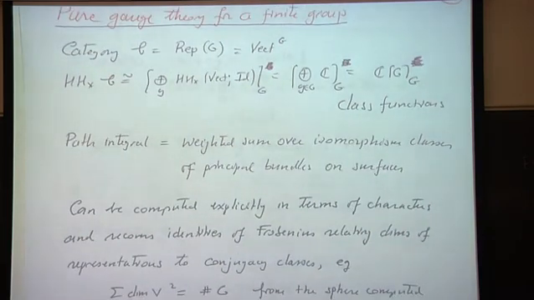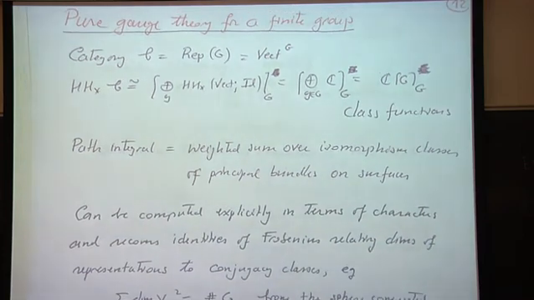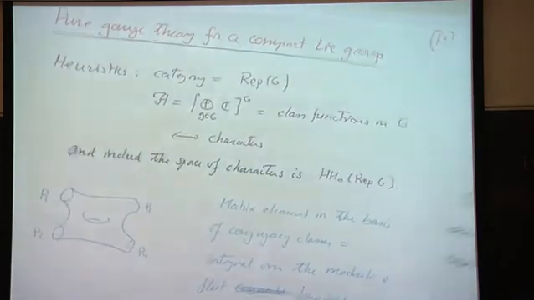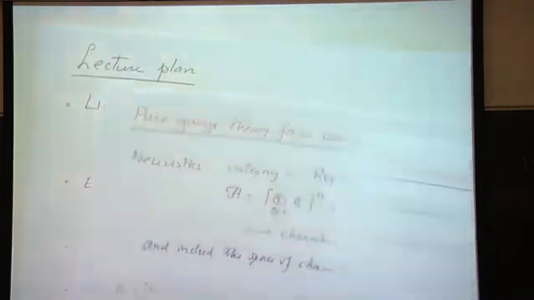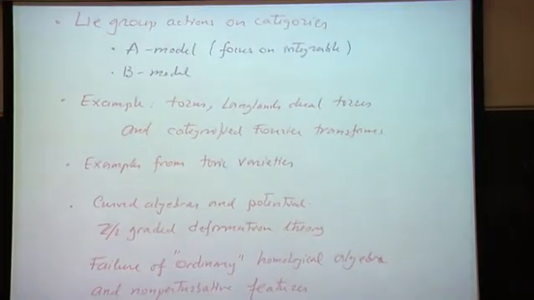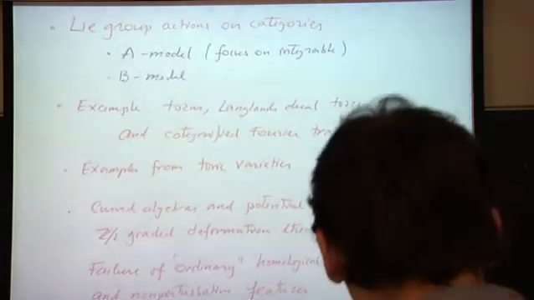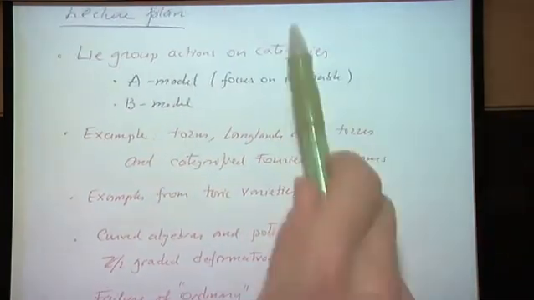All right, where are we here? How are we doing? Well, maybe since I only have a couple of minutes, rather than rushing through gauge theory for a finite group and the beginning of Lie group, let me tell you what I'm planning to discuss. What's missing is, of course, gauge theory for a finite group and the compact Lie group.